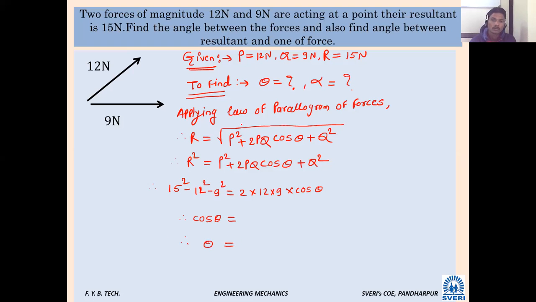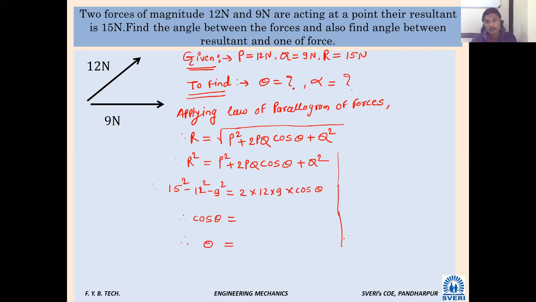Sir, theta is equal to 90.79. Okay, almost correct. Calculate alpha. Sir, theta is 90 and alpha is 36.86.